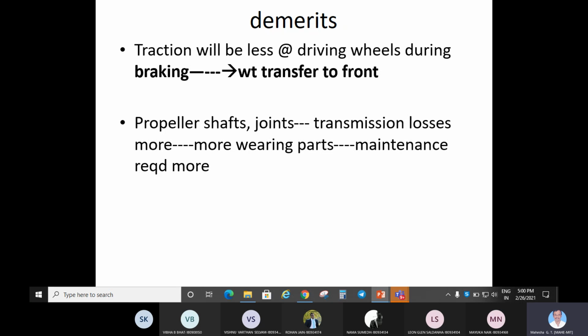So more wear and tear would be possible because of the more number of coupling joints, shafts and all that involved there. Maintenance required is also more. Maybe some noisy operation will also come out if you are not maintaining on a daily basis. Normally with such vehicles, at the end of the day, every day you need to lubricate all these couplings, shafts, bearings and all that. They will be more in number.